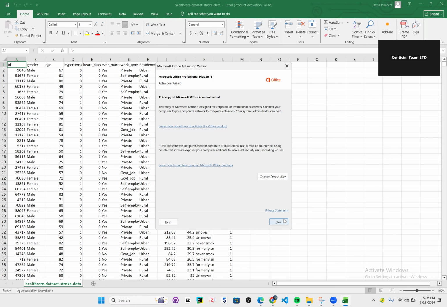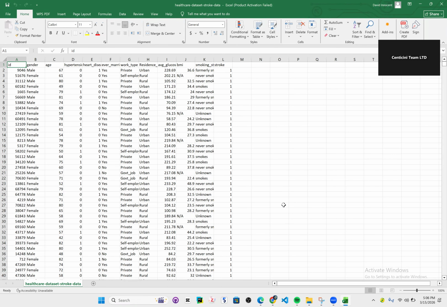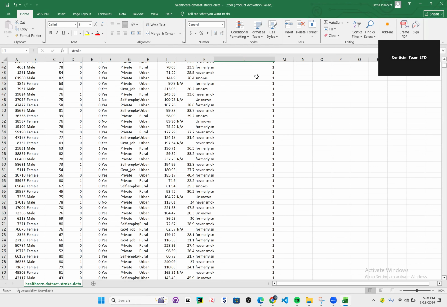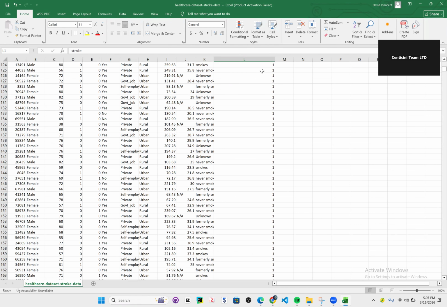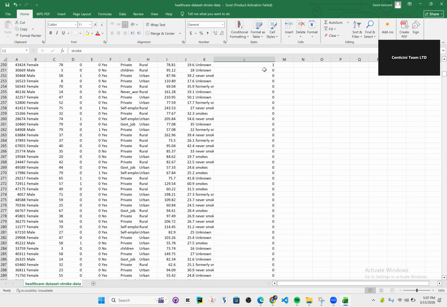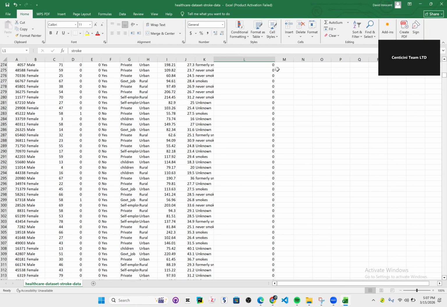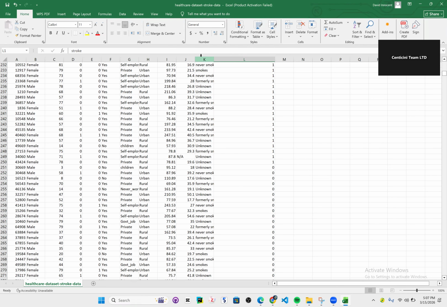So we have this particular Excel sheet open here, and I want to make some kind of illustration of what I'm talking about. Now, if you look at the last column here, it is stroke, right? What this column is saying is stroke or non-stroke. You see some people are 0, and some people are 1.